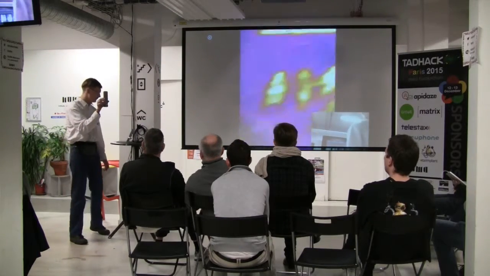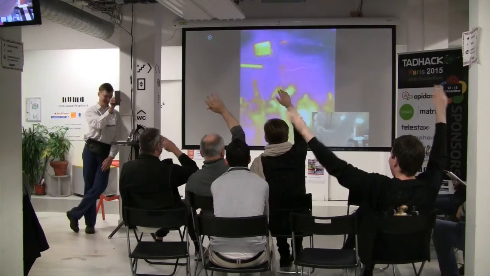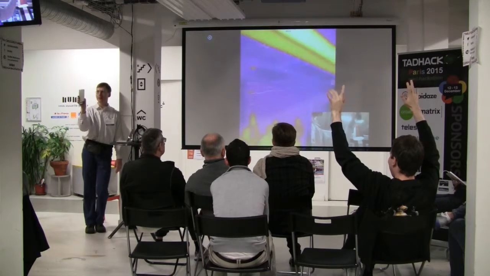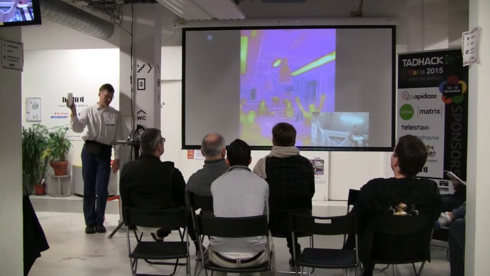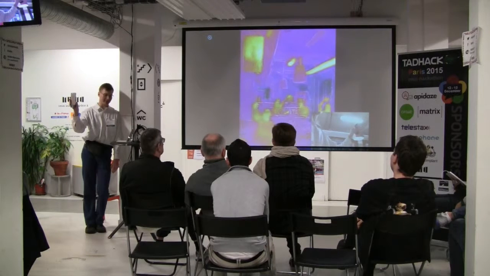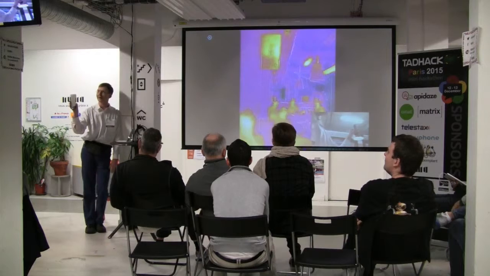Alrighty, guys. Well, let's look at you. So you can see this is the actual infrared image, and you can identify areas with a higher temperature that have colors closer to yellow. So, not surprising, most people are.